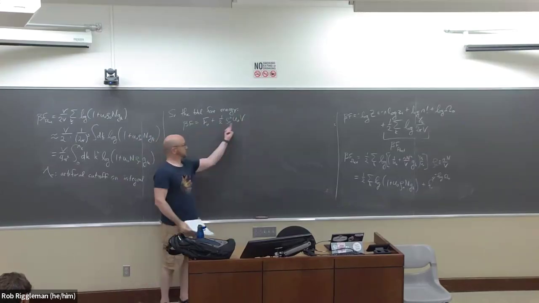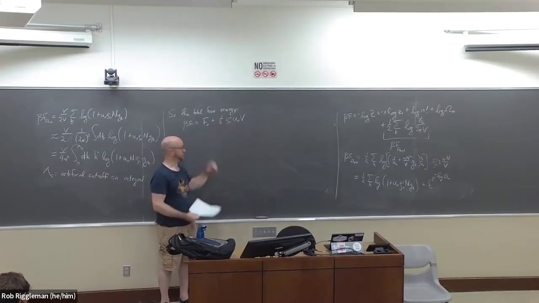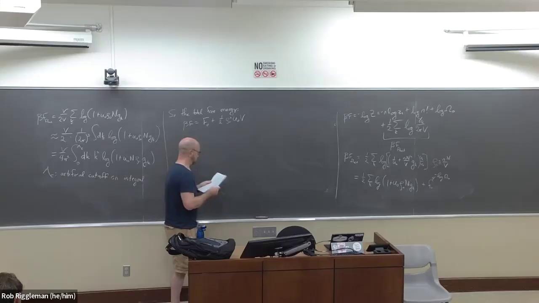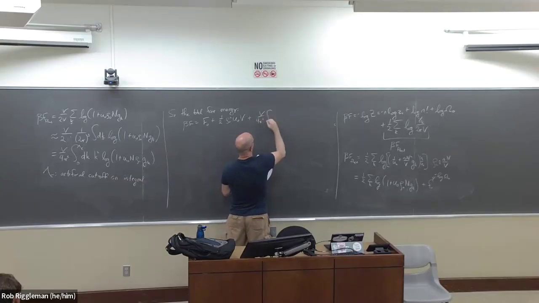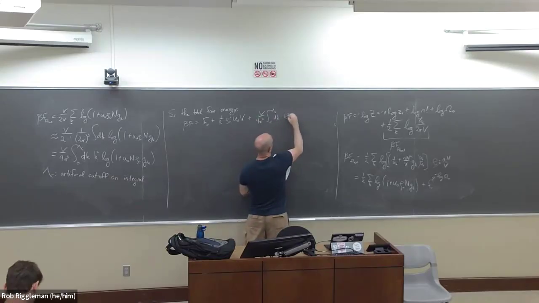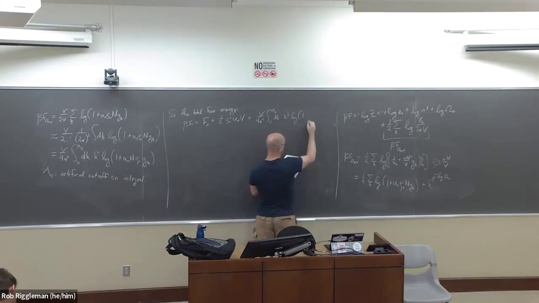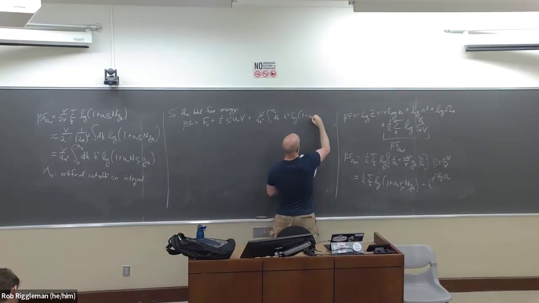This density squared times u naught is like the mean field energy of the system, or the potential energy of the system. And there's plus v over 4 pi squared times the fluctuation term, the integral from 0 to lambda c of dk k squared log of 1 plus u naught rho naught over k.